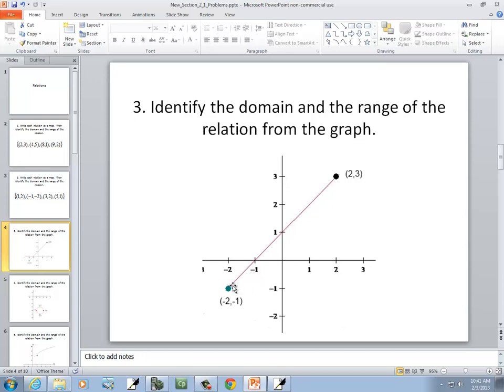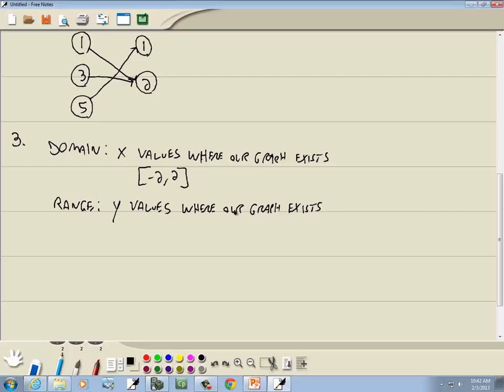Actually, -1 is the lowest y value where it exists, because this is the lowest point of my graph. So if I come down or go over, that's -1. This is the highest point in our graph, so if I go over, I see it's 3. So in terms of our y values, our graph exists from -1 to 3. So that'd be your answer.